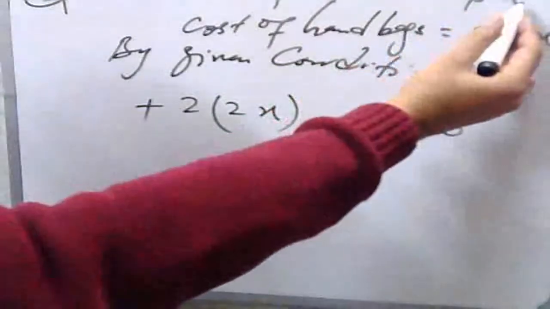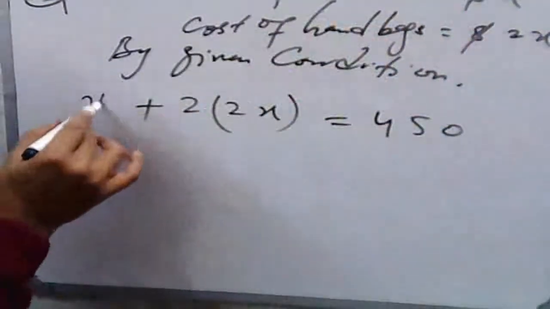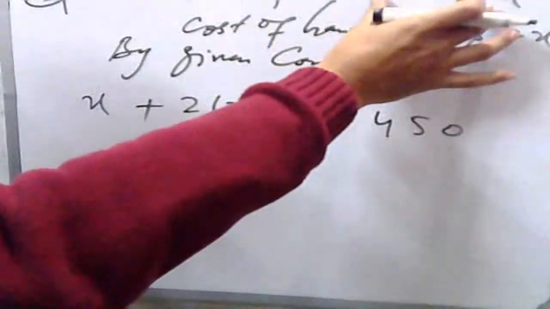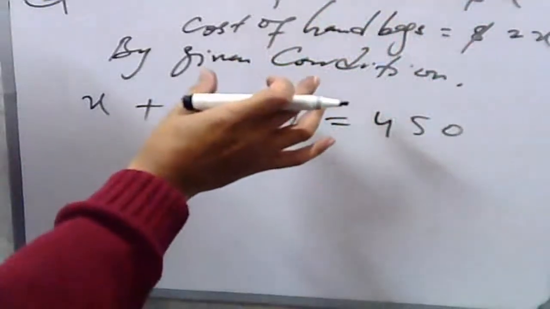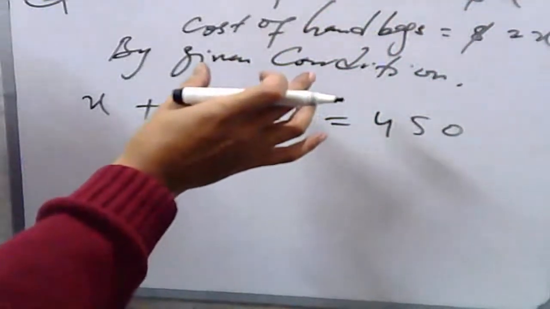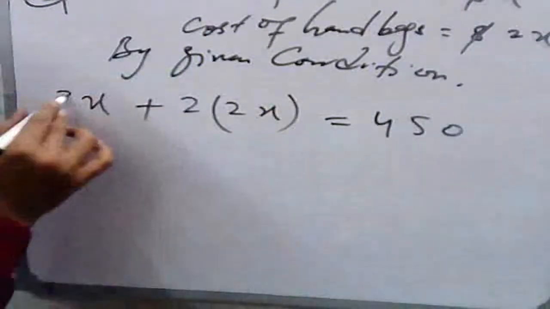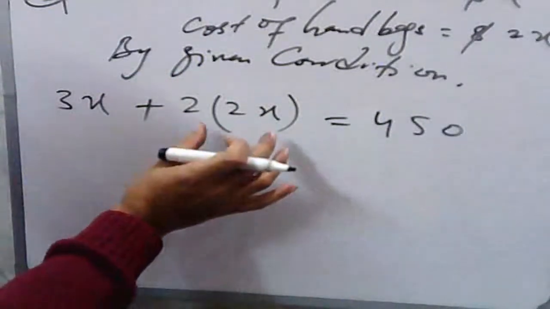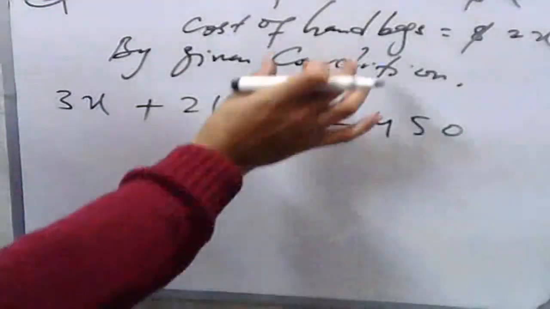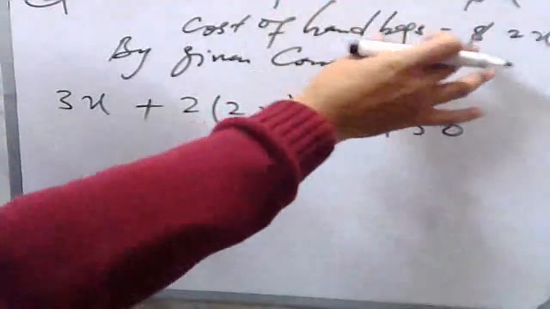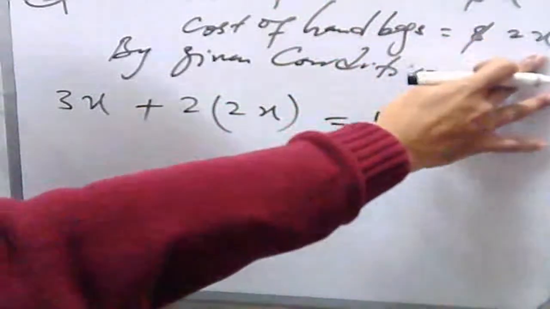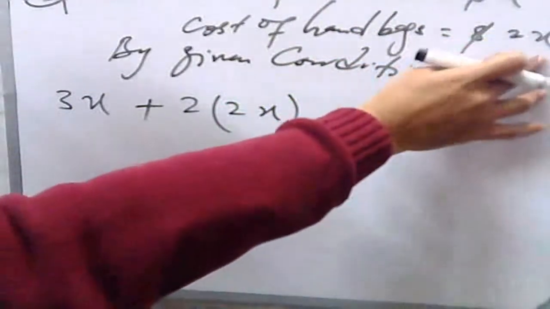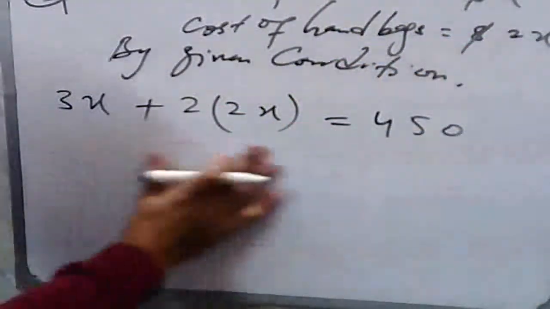So wallet is x, but the number of wallets is how much? The number of wallets is 3, so you should put here 3 wallets and 2 handbags, but a handbag is twice, so we have written here 2x. That is your given condition.